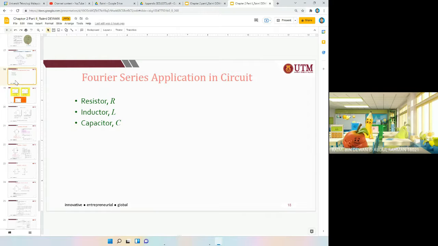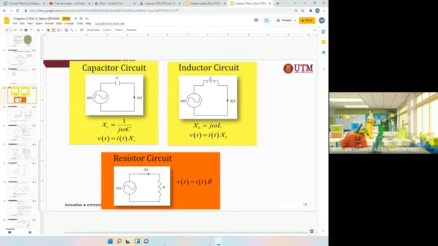When we refer to circuits, we have three main elements that we will cover, which is the resistor, the inductor, and the capacitor. I will speak more on the resistor, and hopefully you will be able to relate similarly to the inductor and capacitor. Here, in capacitor circuits, you have the voltage source, dependent on time because there is an element of time here.